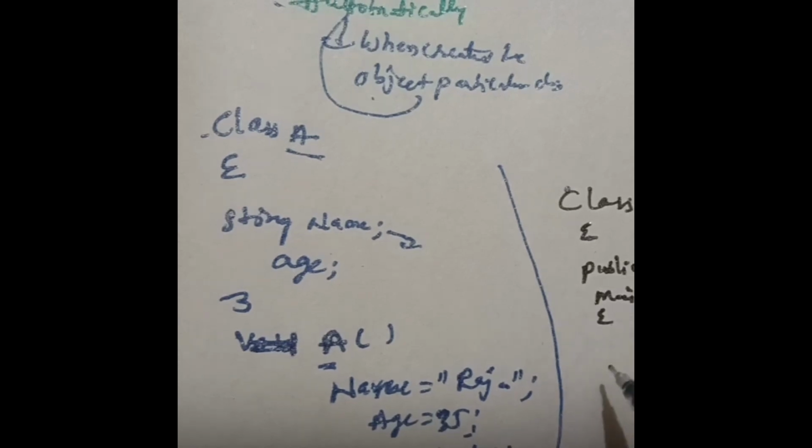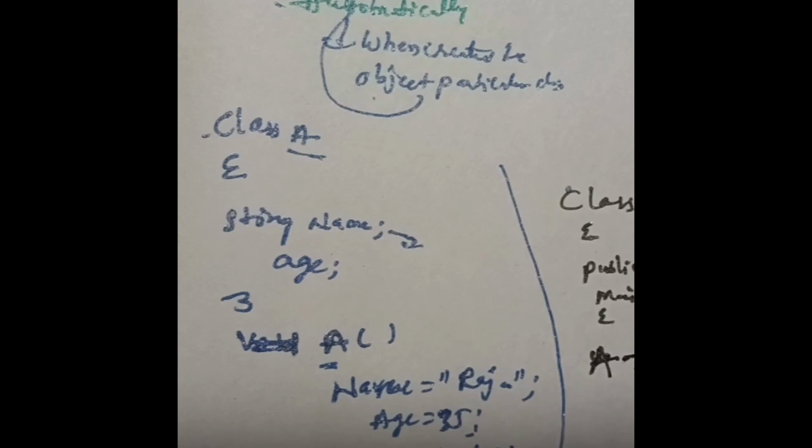How to create the object: class name, object name. Our class name is A. The object is x equal to new A(), with simple braces and semicolon. Now the object is created.